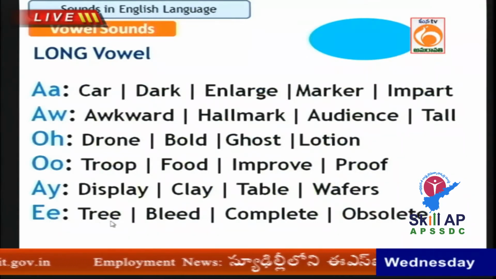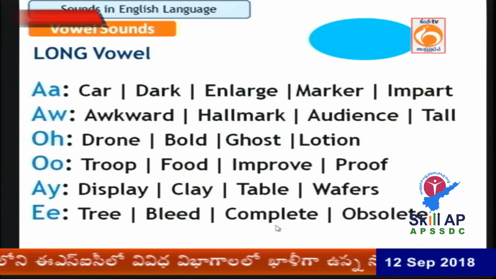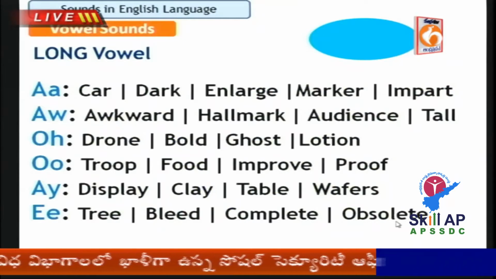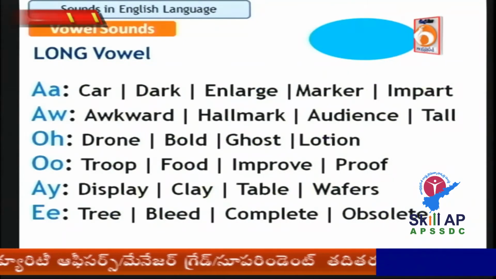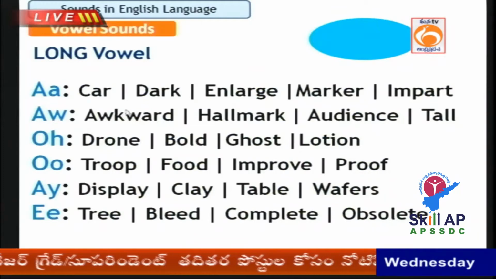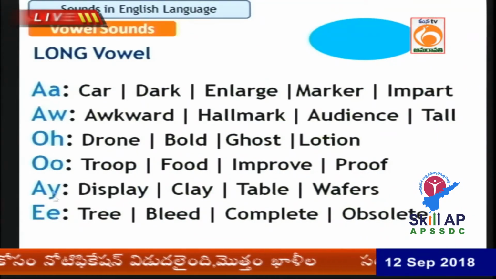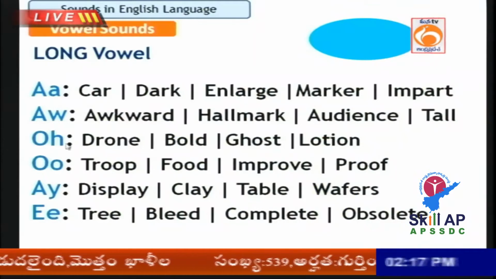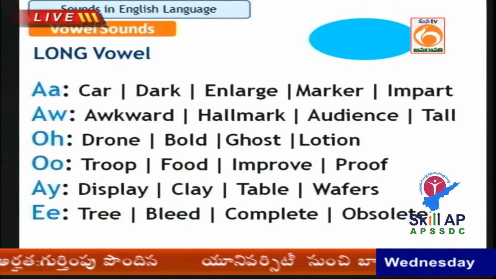E, tree, bleed, complete, obsolete. All right, so these are the examples. You can work on more examples. If you have written down these sounds in your vernacular language, it will be easier for you to understand how to pronounce it, and you can also think of examples with the same sound.